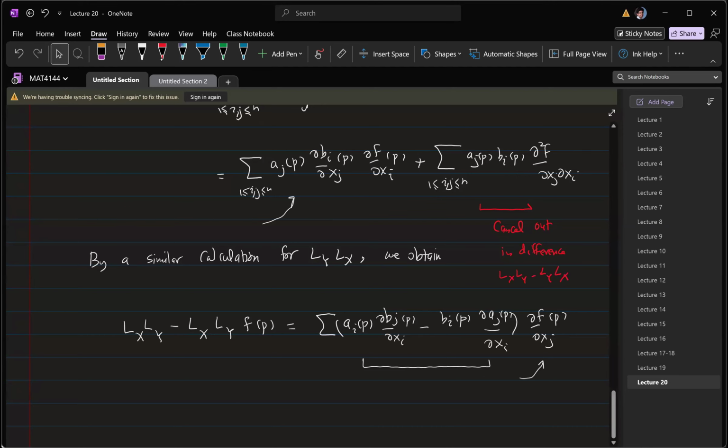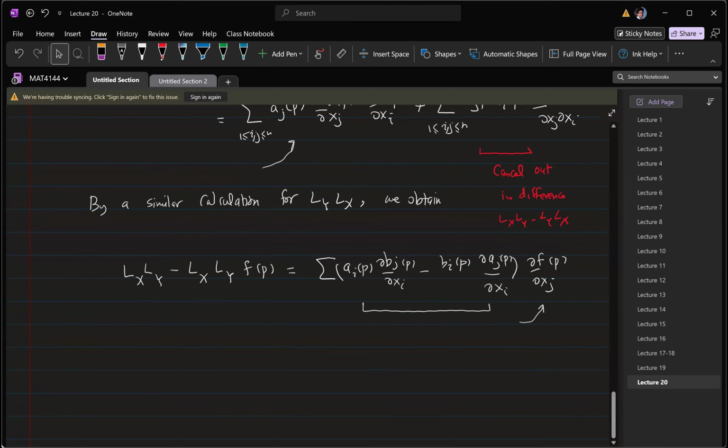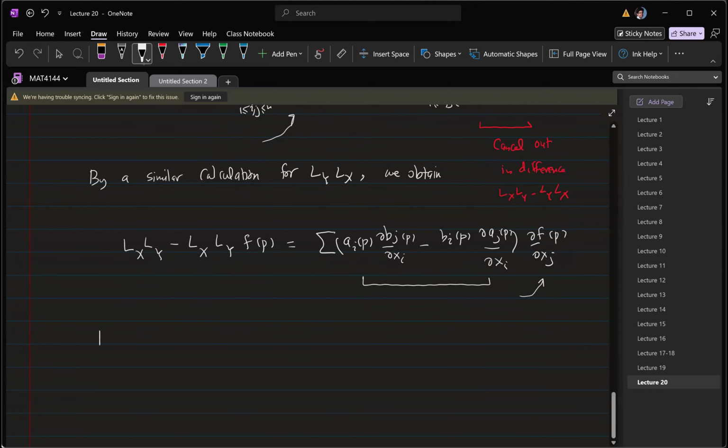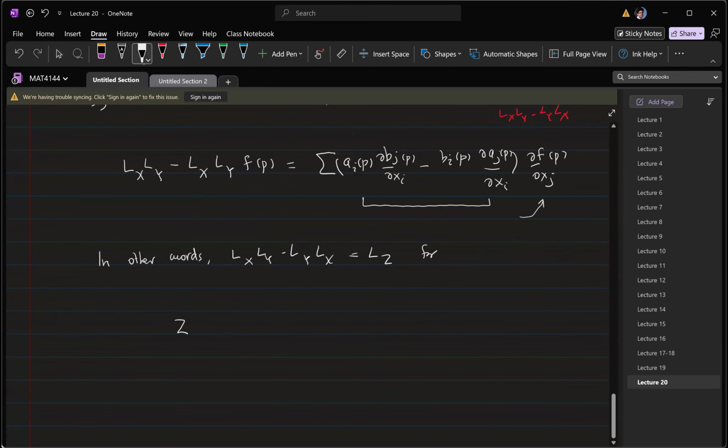So I can even describe that vector field Z explicitly. The vector field Z, in other words, L_x L_y minus L_y L_x is L_z for the vector field whose coordinates are these functions.